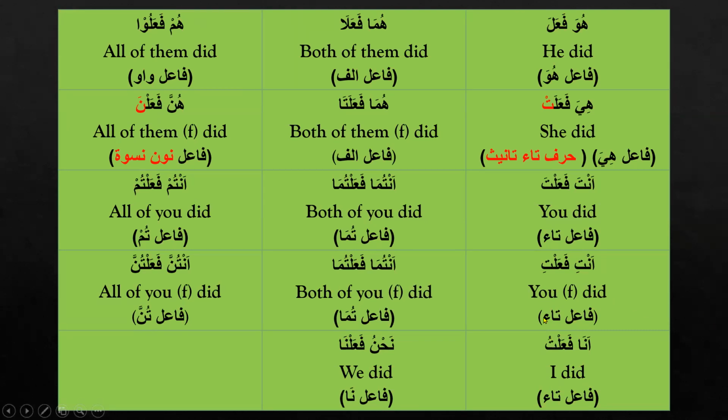Anti fa'alti, you female did. File here is ta. Antuma fa'altuma, both of you did. File is tuma. Antunna fa'altunna, all of you female did. File here is tunna. Look at the ending. Please focus on the endings and remember this chart before our next class, inshallah. Ana fa'altu, I did.